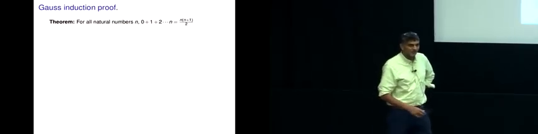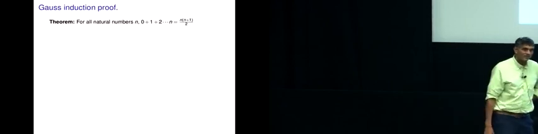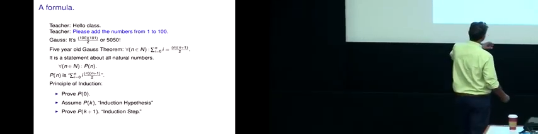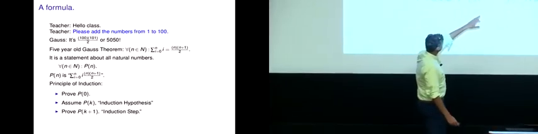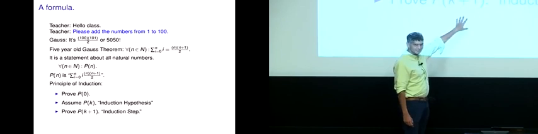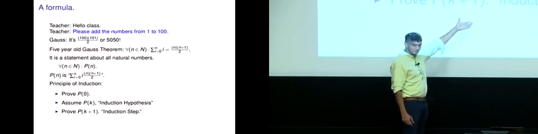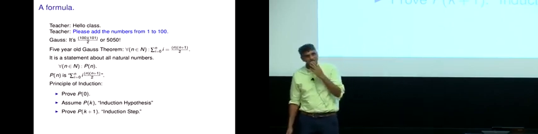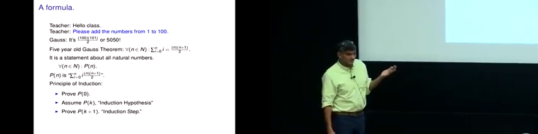Is there a question? No, there's a different letter in here, right? This is assuming P of k, and this is assuming P of k plus 1. So it's slightly different. It's a different statement if the number changes. So I'm not assuming what I'm proving, right? Not yet.